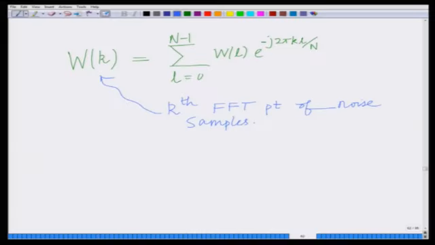The expected value of magnitude wl squared equals sigma squared, that is the variance is sigma squared, and the expected value of wl times wl tilde conjugate, that is the correlation between noise samples l and l tilde, is 0 because these noise samples are independent.